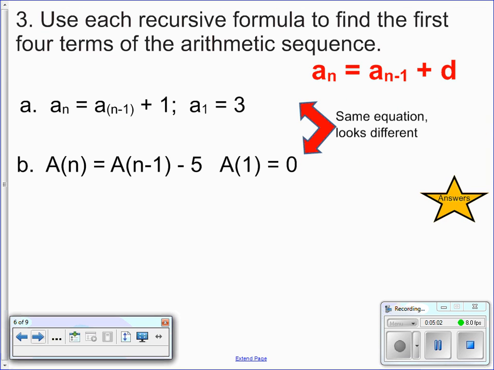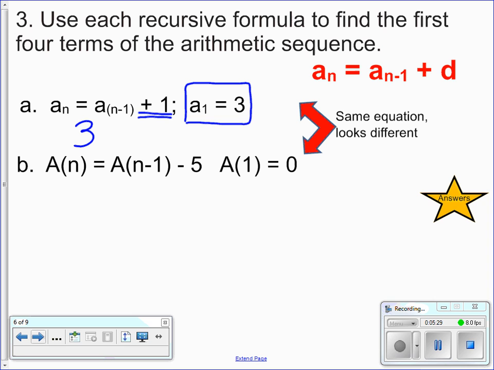The next one says use each recursive formula. We're going to use the formula to find the next 4 terms in the sequence. You can see these two equations look a little different, but they're really the same thing. This first one is telling me that my first number in my list is 3. If I'm looking for the first 4 terms, my common difference is 1.